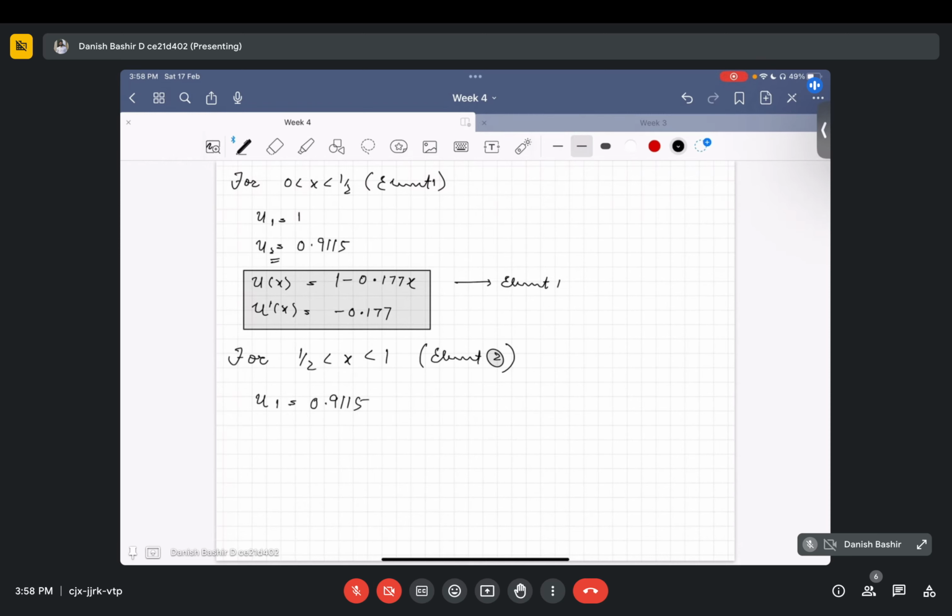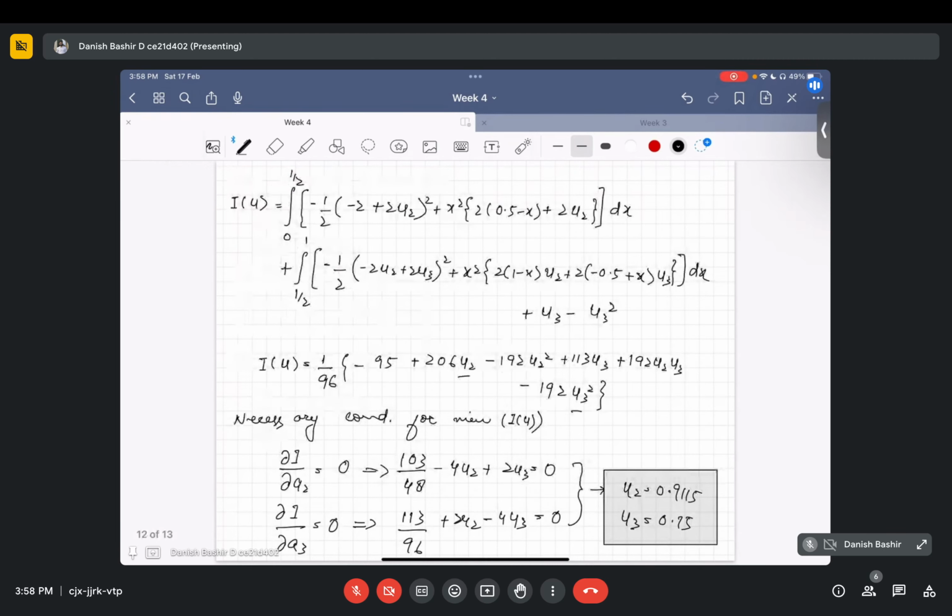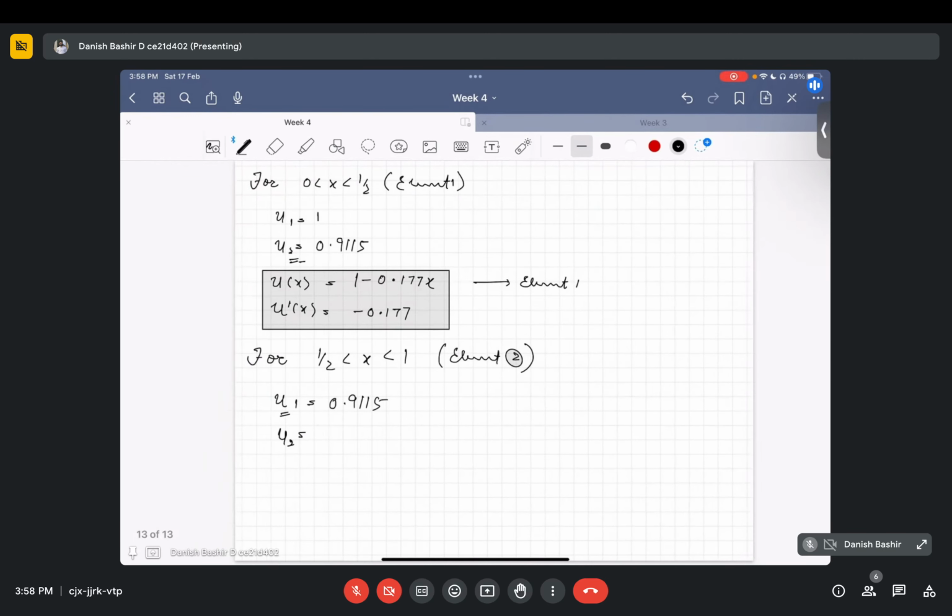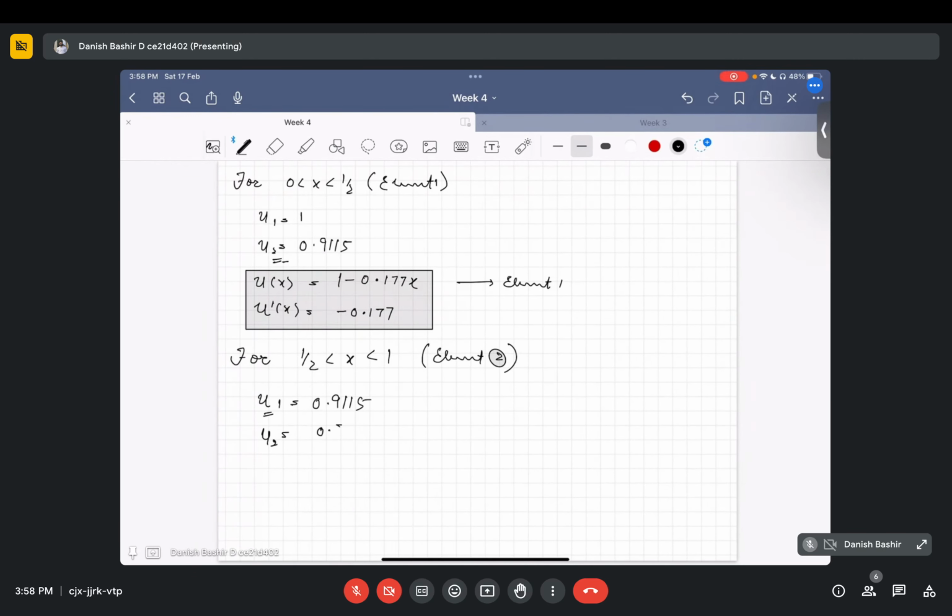You are getting my point. This is u2 for element 1, but this is u1 for element second, 0.9115. And u2 for element second is the global u3, equal to 0.75.